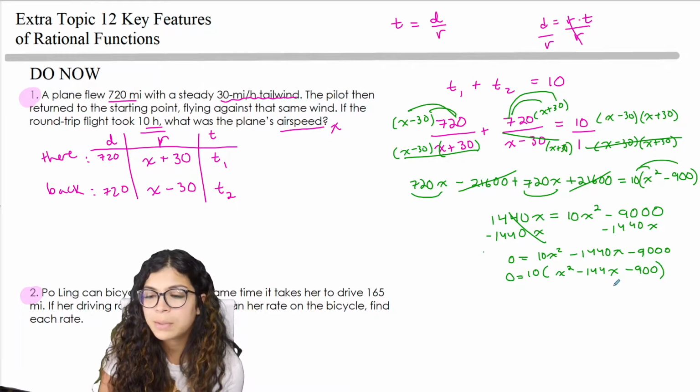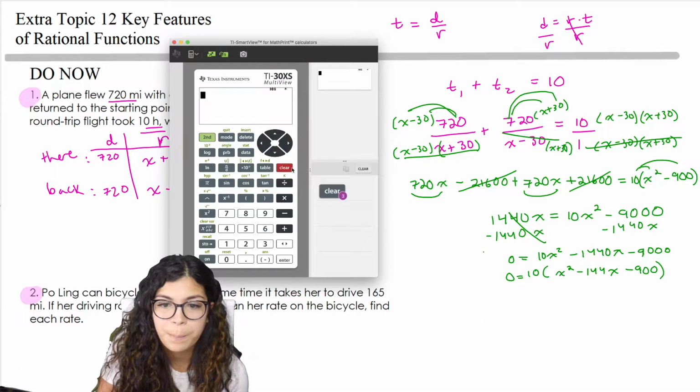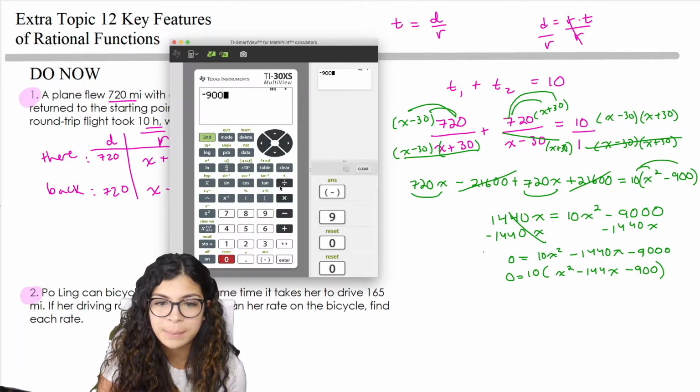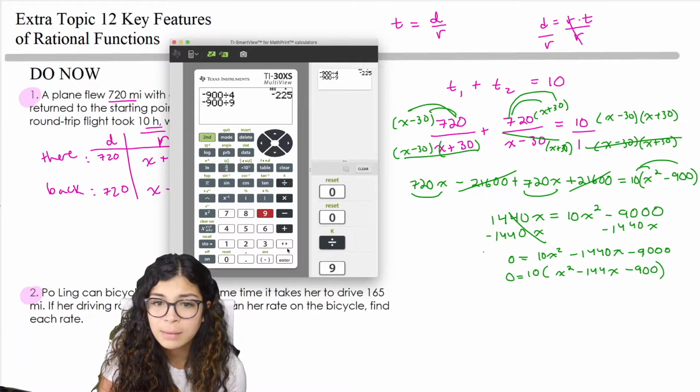And then now I need two numbers that multiply to negative 900 and add to negative 144. So let's go through. Negative 900 divided by 4. Nope, that doesn't work. Negative 900, let me try something a little bit higher, divided by 9. No, something less than that.